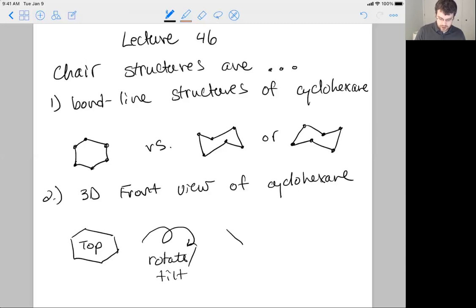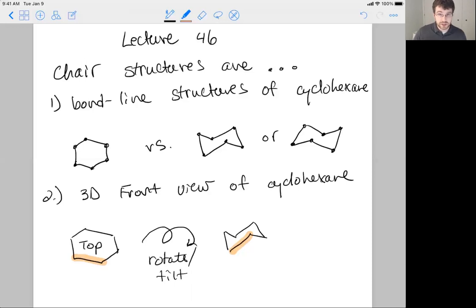And then the chair structure, oh, I just got off to a bad start there. The chair structure would be sort of the front view. And so maybe another way of looking at it is if I told you that these bonds matched each other. Okay, it's sometimes harder to make that connection right away.